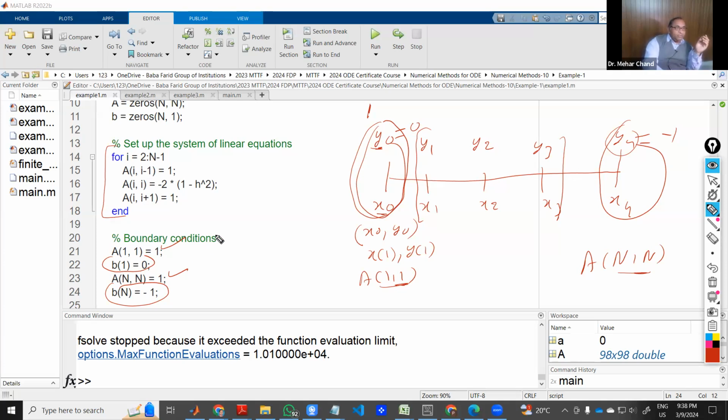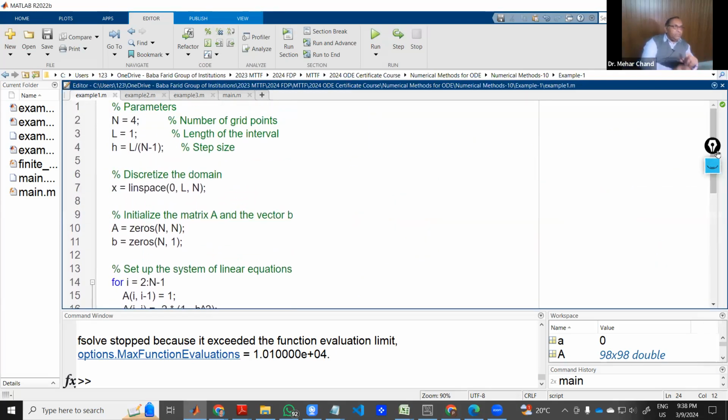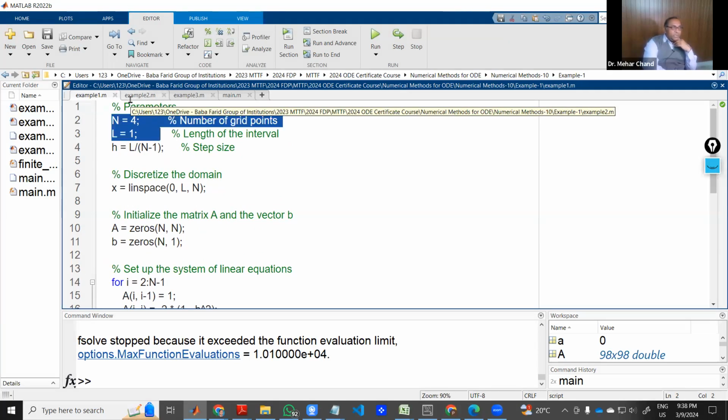But along with that we have to apply the boundary conditions, and the boundary conditions will be applied in this way. Okay, so the other parts of the computation are very simple. Now come here. So here we are choosing n equal to 4, you can choose depending upon your requirement, the number of grid points.